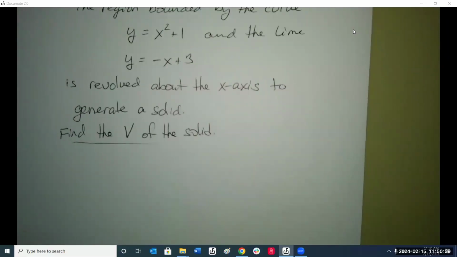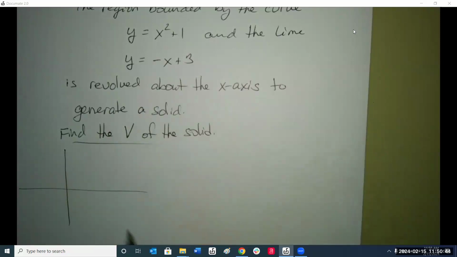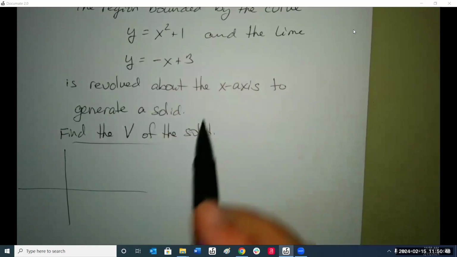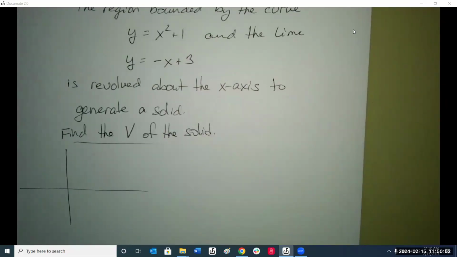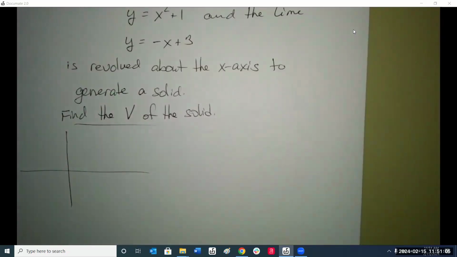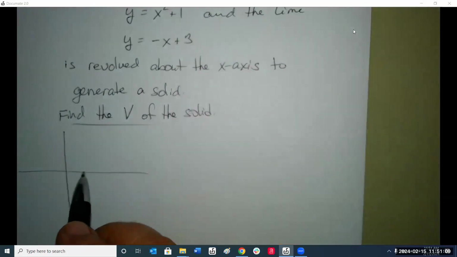All right, let's look at the picture. We have y equals x squared plus 1.